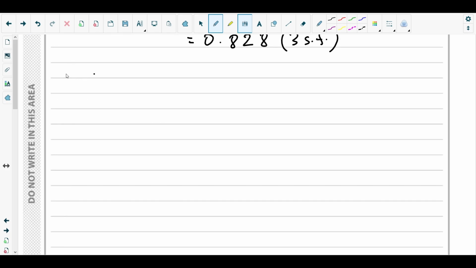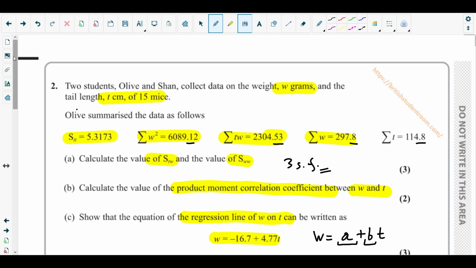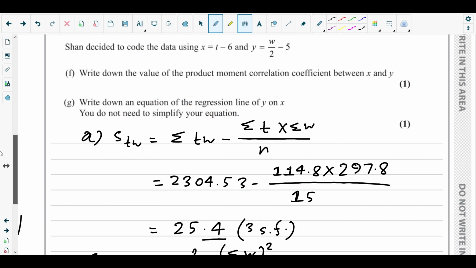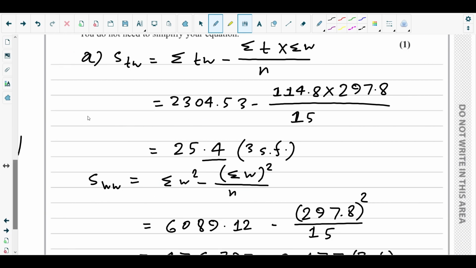So for part C, the value for B equals what? S of WT over S of TT. So what's that value? The value for S of WT, we got that in part A, that was 25.4.